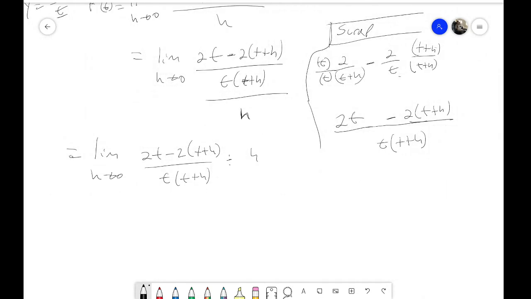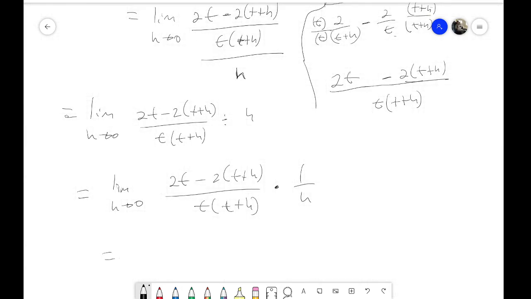Instead of dividing by h, we're going to multiply by 1 over h. So this is the limit as h goes to 0 of 2t minus 2(t plus h) divided by t times (t plus h), and instead of dividing, we multiply by 1 over h.